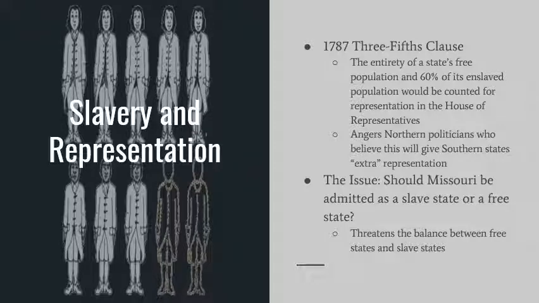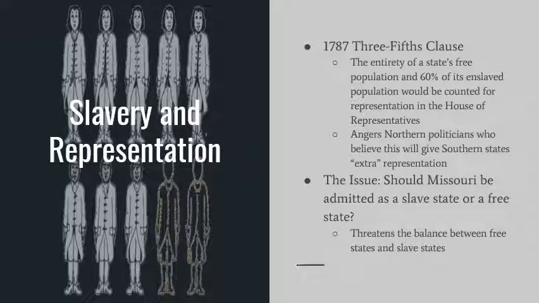Although slavery existed in several northern states at the time, the compromise angered many northern politicians because they argued that the extra population of slaves would give southern states more votes than they deserved in both the House of Representatives and the Electoral College.